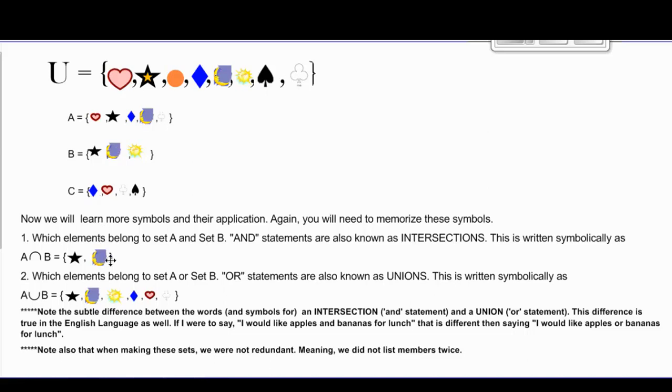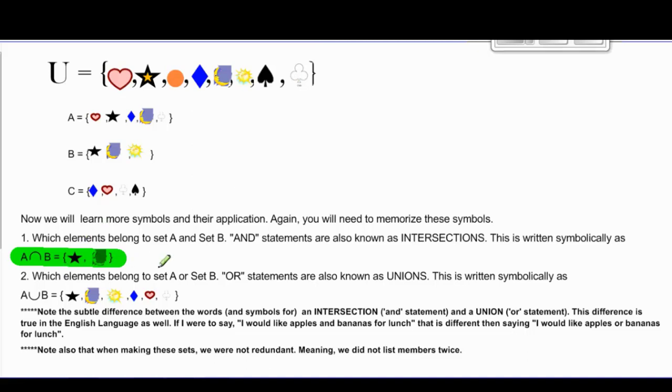So moon is in set A and B. Our club and our sun are only in one of them, so we don't include them. So set A and B equals the set of star and moon.